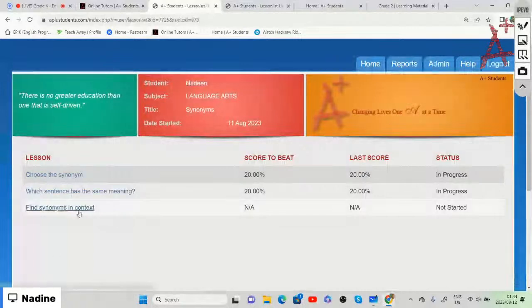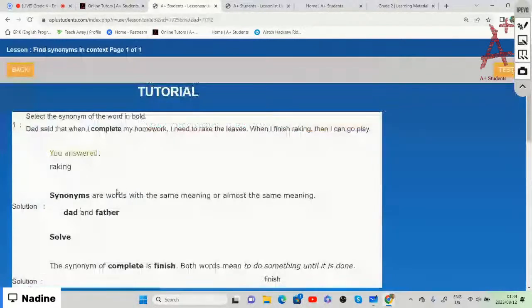All right, so now we are going to find synonyms in context. And remember, we said that synonyms are words with the same meaning, or words with almost the same meaning. So those are synonyms. All right, we need to select the synonym of the word in bold.